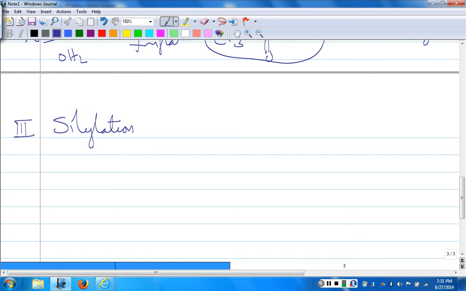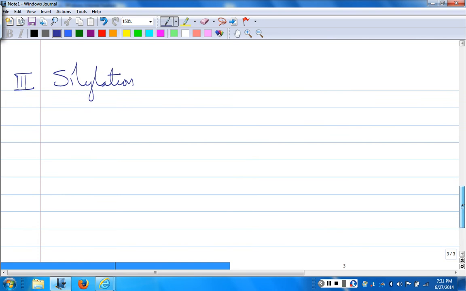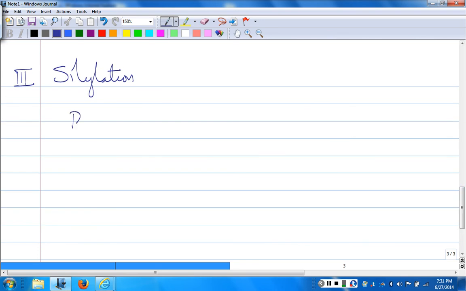What we do for silylation reactions is we treat the alcohol with, I'm going to write it as TMSCl in the presence of pyridine. So let's see what these things are.